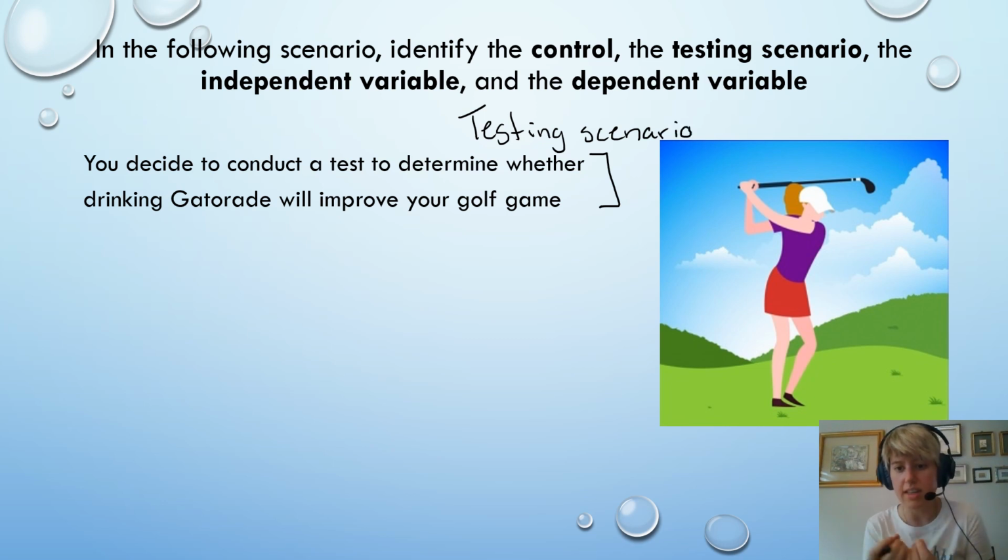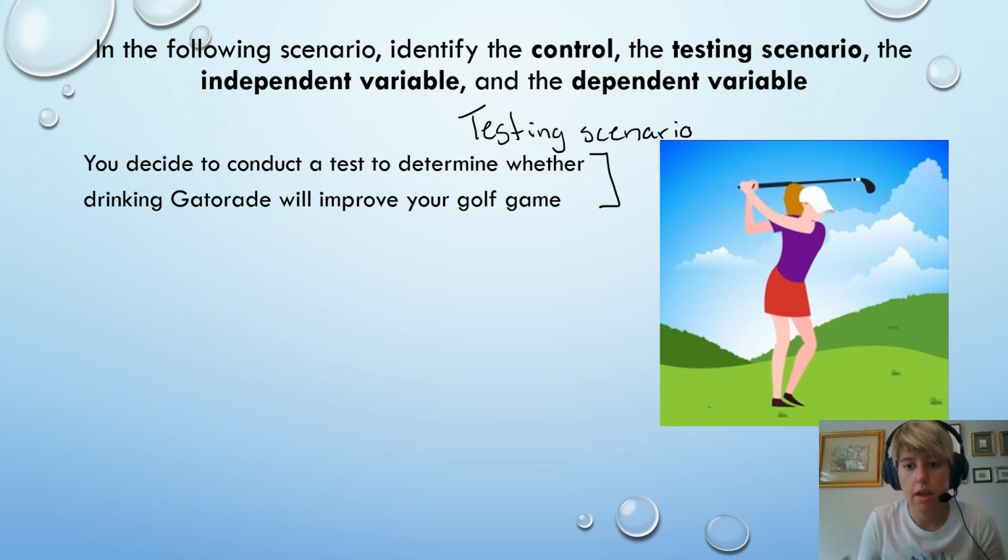And your testing scenario, when we're talking about the scientific method, is your problem. What are you trying to find? In this case, we are asking, does drinking Gatorade improve my golf game? Now, for those who don't know, in golf, the lower your score, the better your game is.